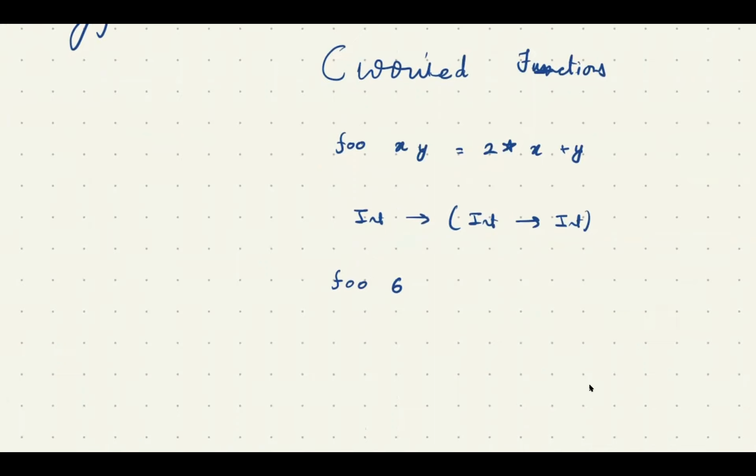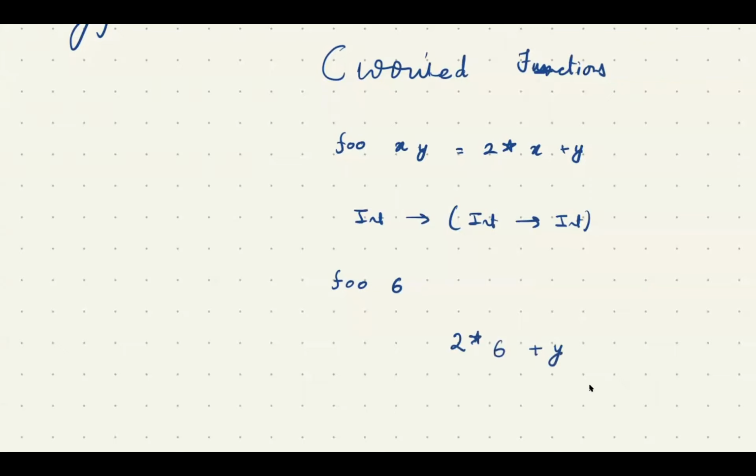So what does foo of 6 do? It takes another argument called y, and it multiplies 2 times 6, which is 12, and just adds that to y.